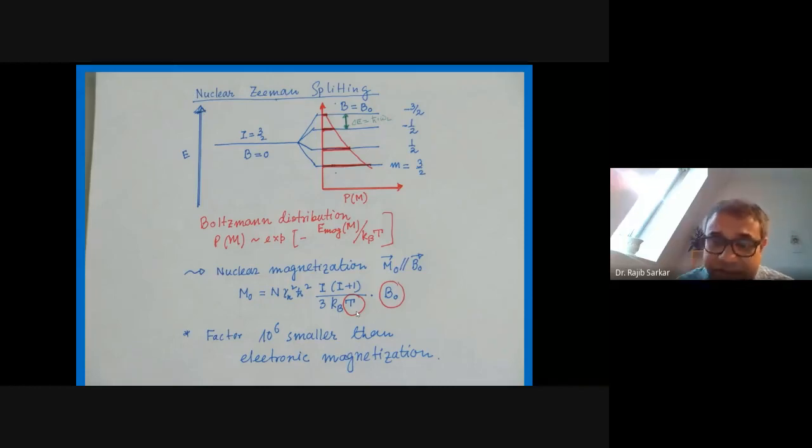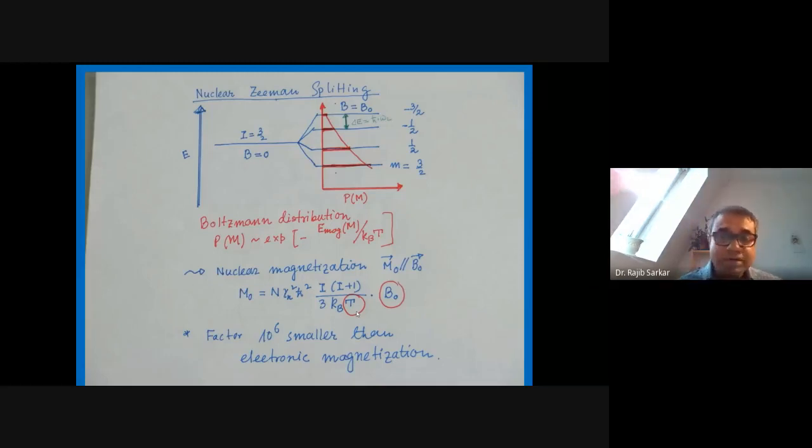The interesting aspect of nuclear magnetic resonance is that the nuclear magnetization is 10 to the power 6 times smaller than the electronic magnetization. That's the crucial part of NMR, and that's the reason the NMR signal intensity is very, very weak.